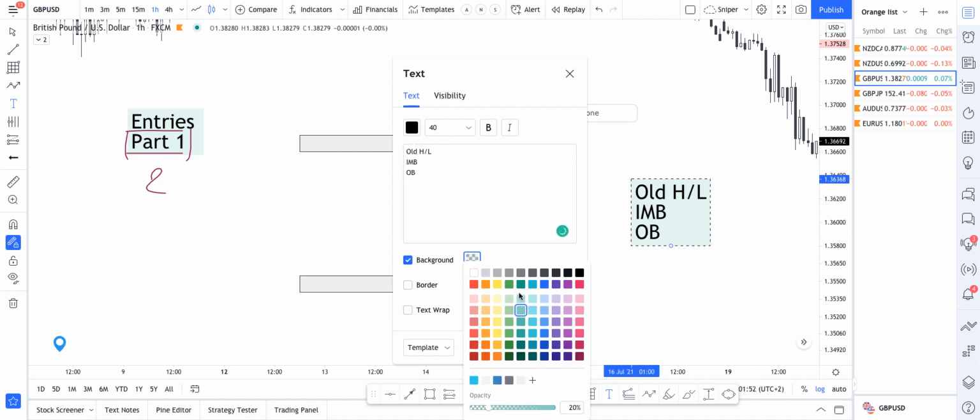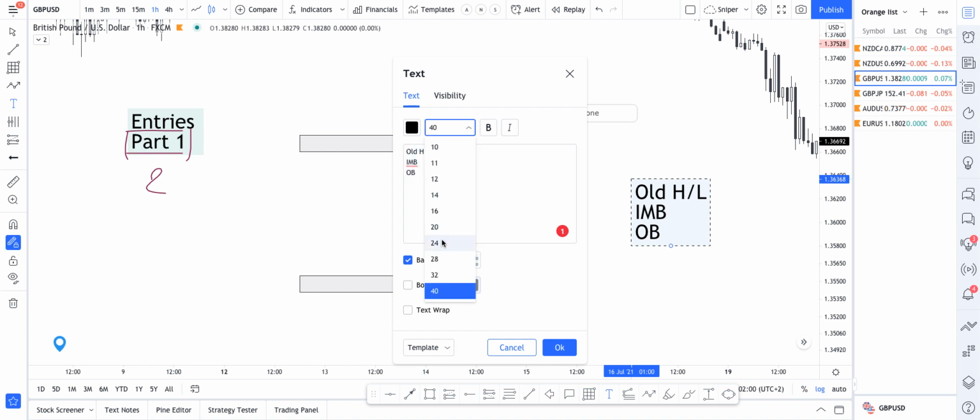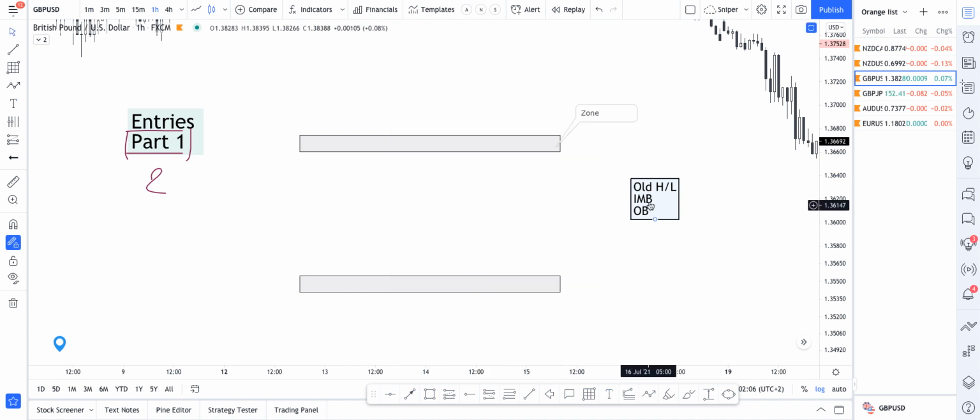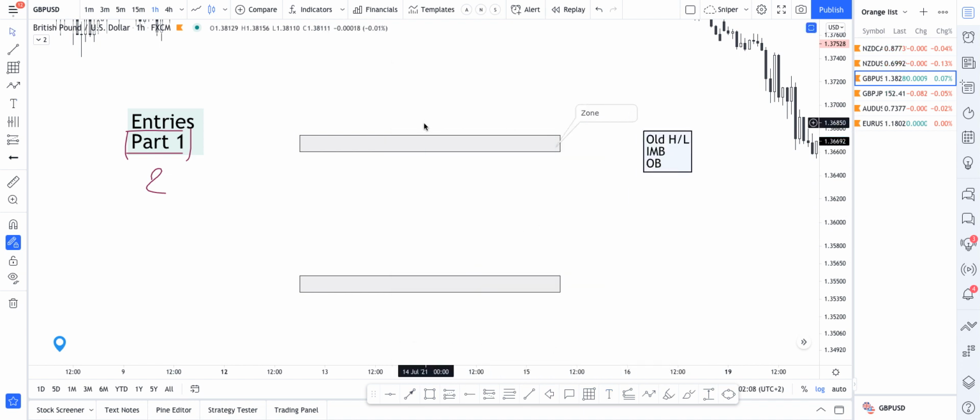Those are the areas that I'm looking at on my charts to see if we get any reaction from them. Doesn't matter which it is. The point is what happens in this area.